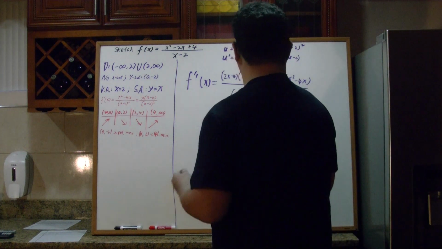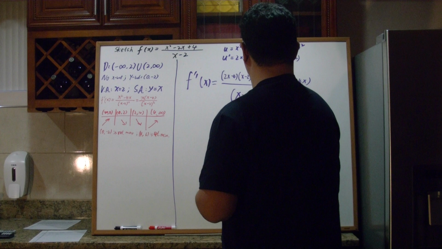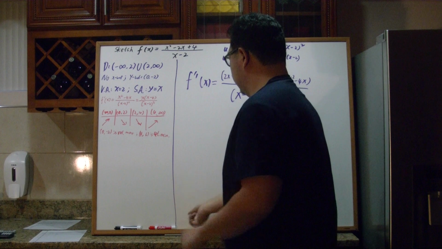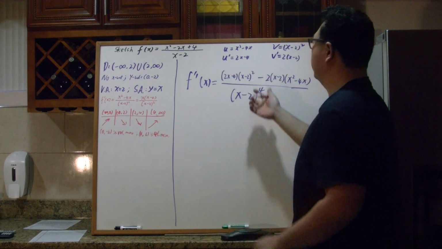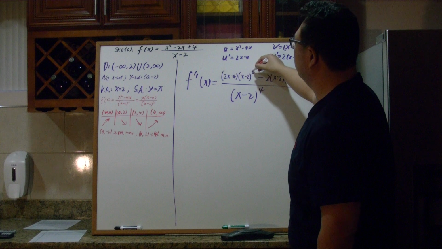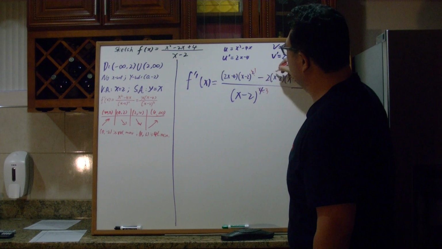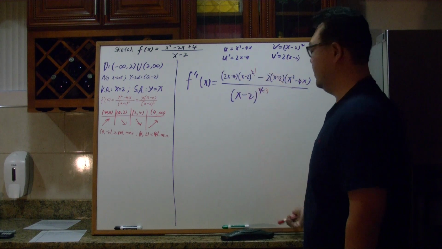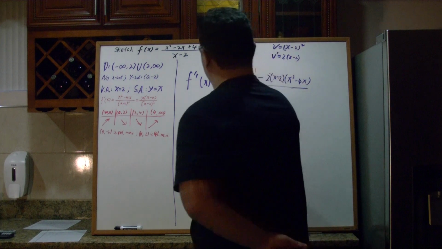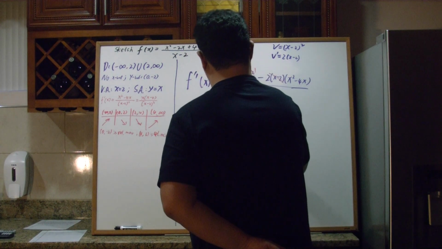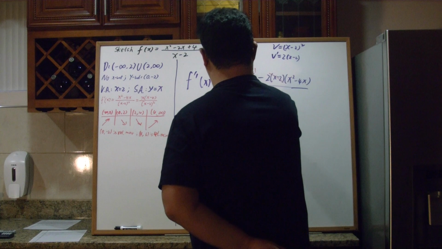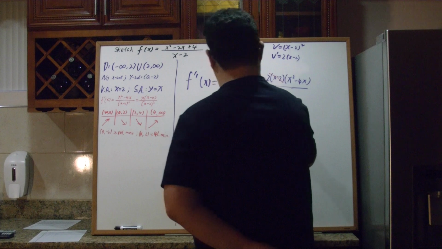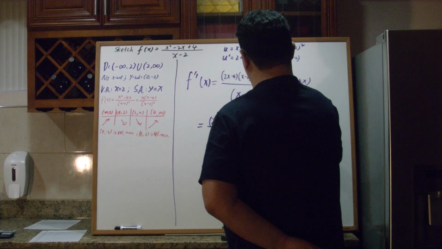Well, we see that x minus 2 is the common factor that can be factored out, and cancel out simultaneously in the numerator, every term, and denominator, that we get is x minus 2 to the third, and the numerator 2x minus 4 times x minus 2, minus twice of x squared minus 4x.